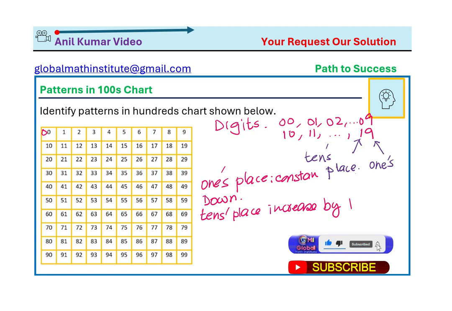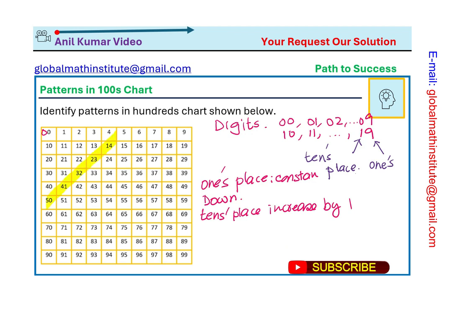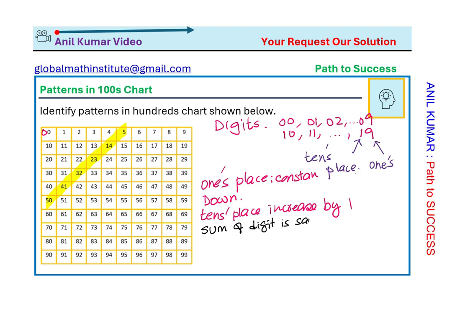Now what happens when you go diagonally? Let's take up one diagonal here. In the diagonals, what you notice is that the sum of digits is the same when you go diagonally.